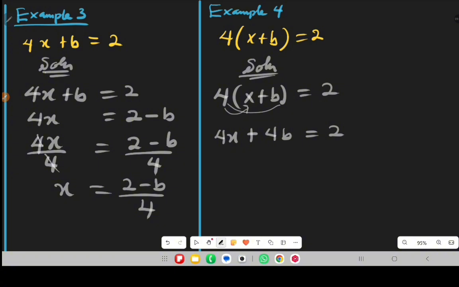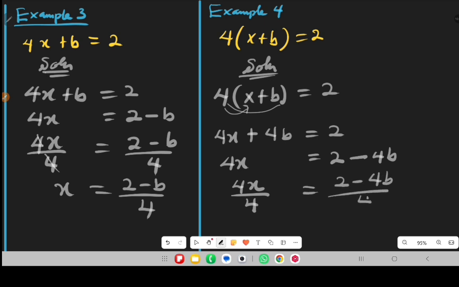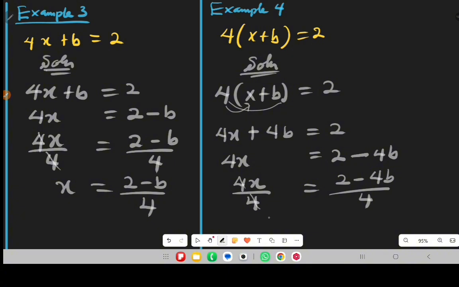Next step, we move plus 4b to the other side of the equal sign. 4x equals 2 minus 4b. Then next step, we divide both sides by the coefficient of x, which is 4. 4x all over 4 equals 2 minus 4b all over 4. 4 cancels 4, left with x equals 2 minus 4b all over 4, which makes x the subject.